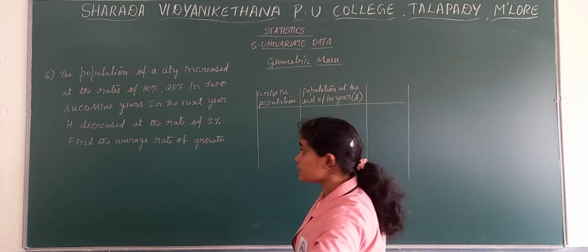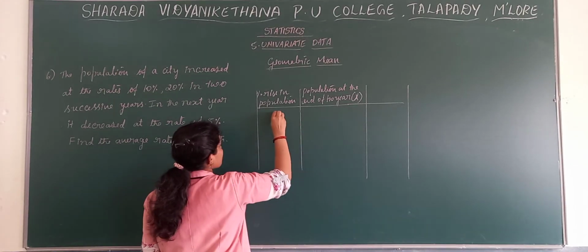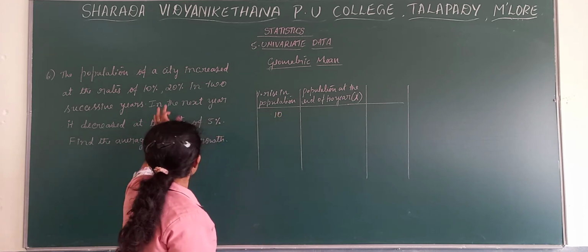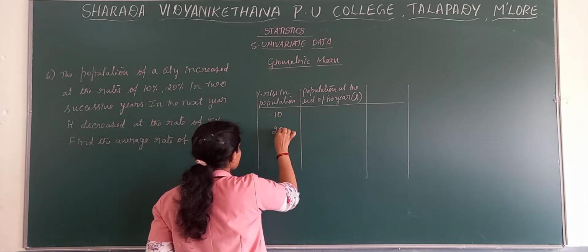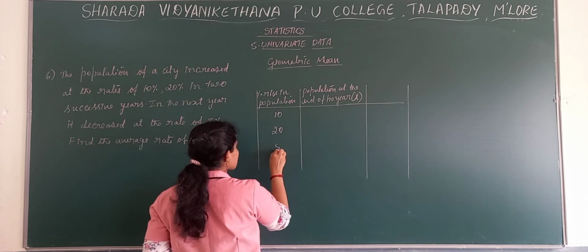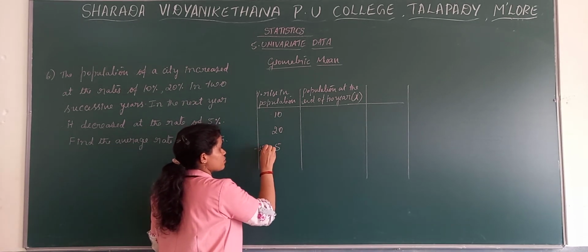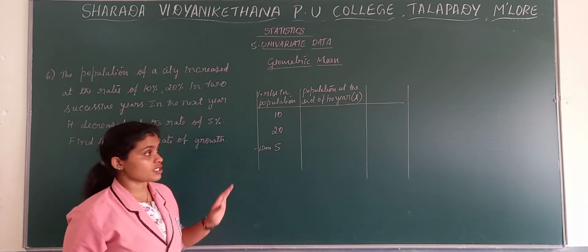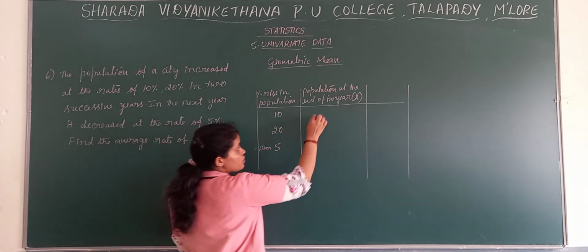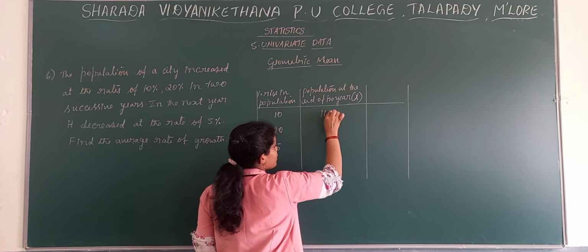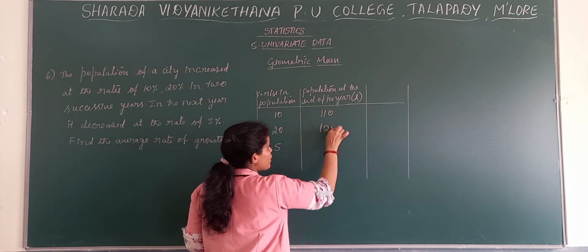Now take the rising population: first it is 10, then we have 20, then there is a decrease of 5%. It is decreased, not risen. Add 10 to 100, so 110, 120.